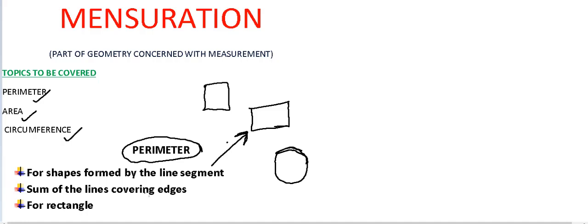Next, what is basically perimeter? What are we going to do in calculating the perimeter? Let us take an example. Let us take a table. A table is a rectangular shape, or it can be a square. If we want to cover the edges of this table with a colored tape to give it a good look, what are we going to calculate?